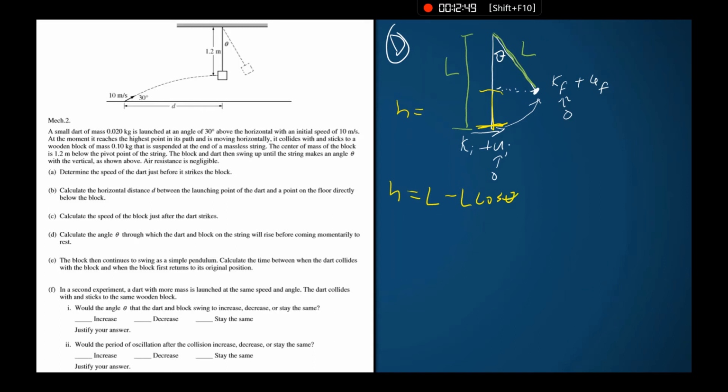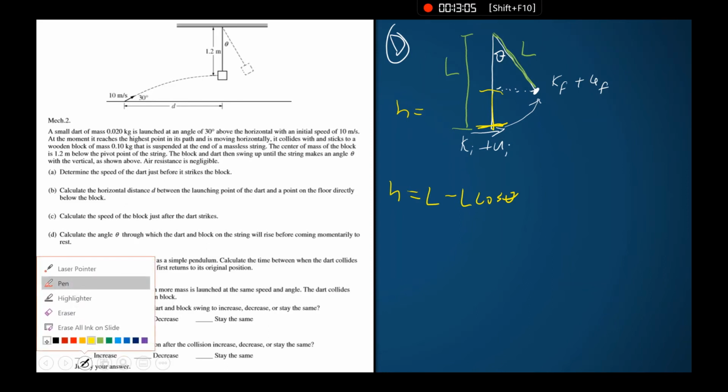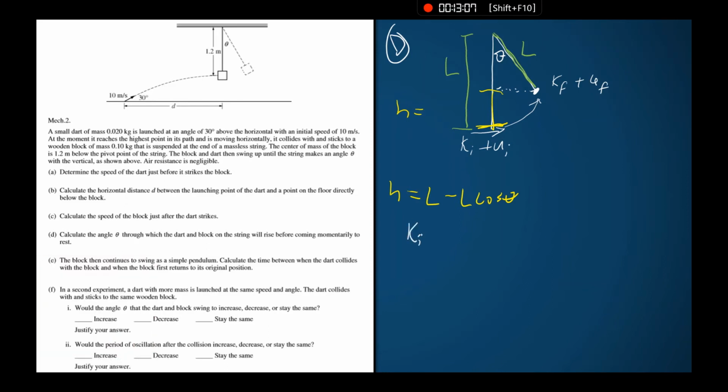Okay, so I'm going to use what you just set up with your potential energy equation, and we'll combine it with this and see what happens. This is conservation of energy. Our initial kinetic and potential must be equal to our final kinetic and potential at any point.